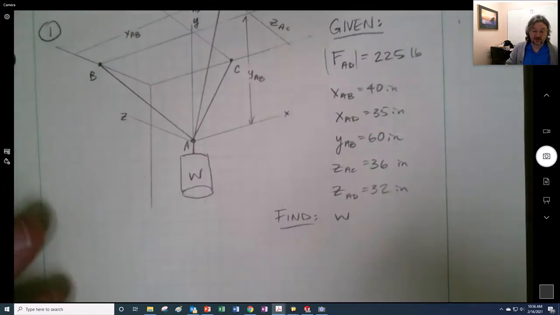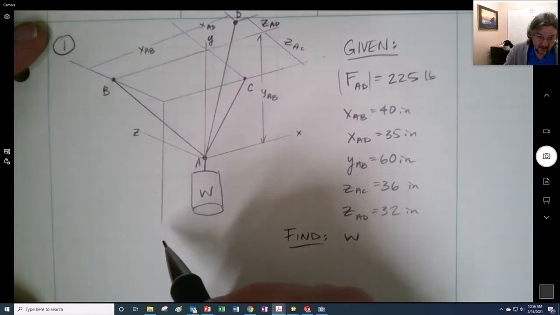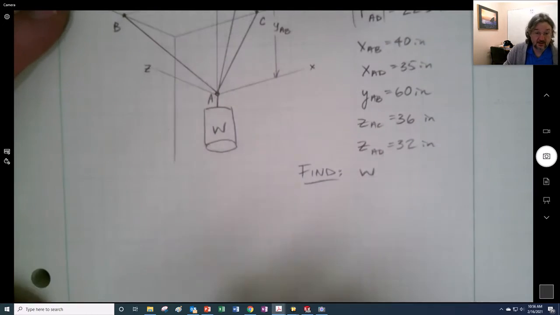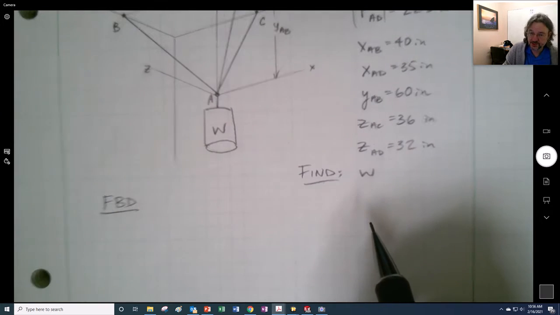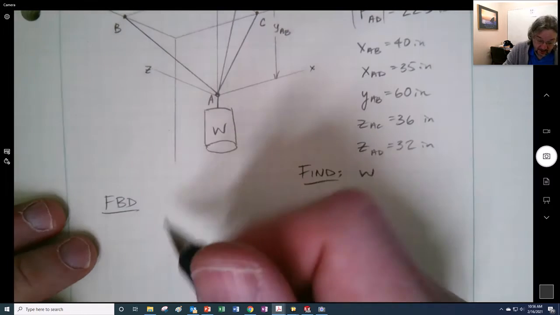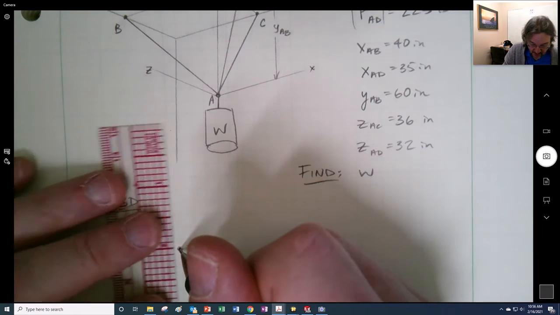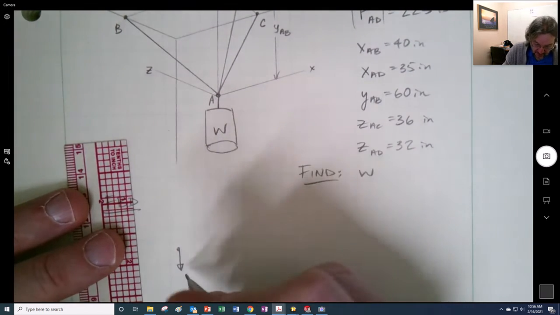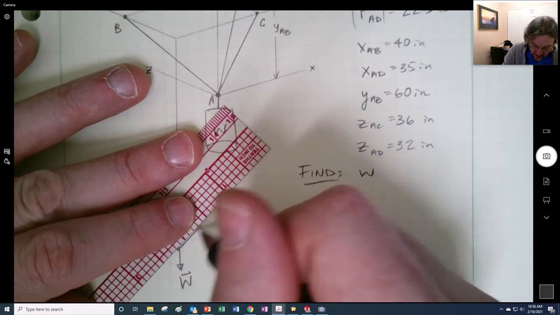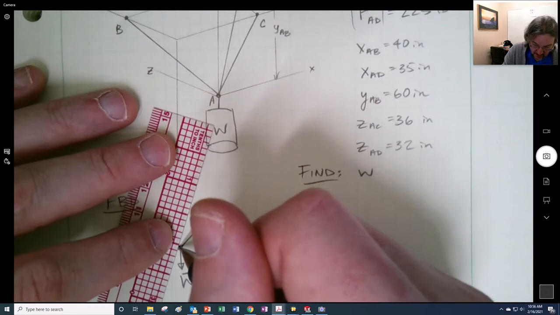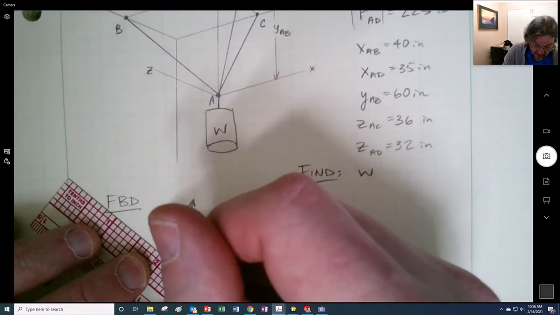Okay, so let me move that to a nicer angle. Let's start out with an FBD, which honestly, with the three-dimensional one, isn't always all that exciting. But we'll put it in here, try to represent it. So we have this weight coming down there. We're going to have a force there, and a force there, and a force there, right?